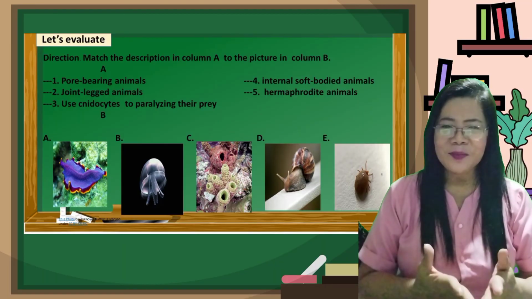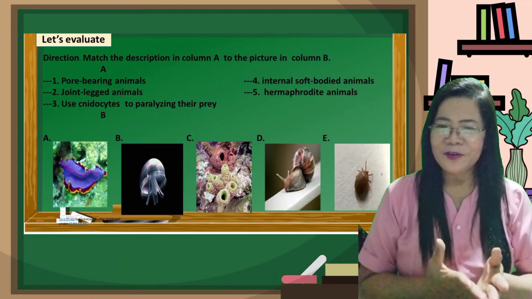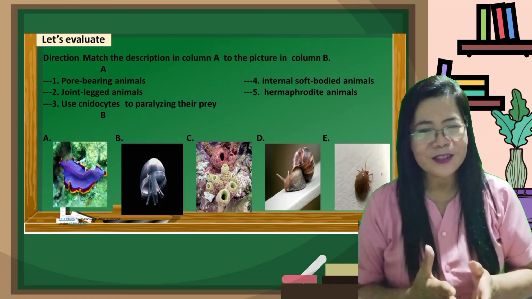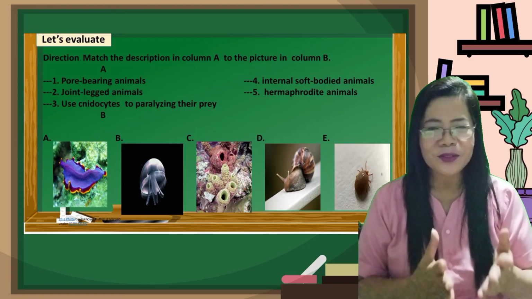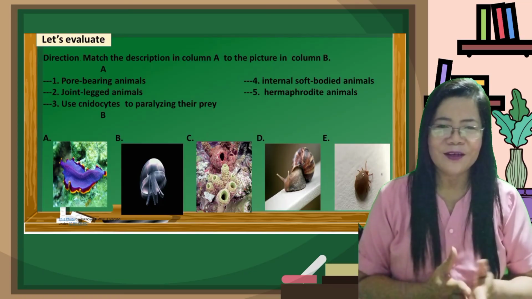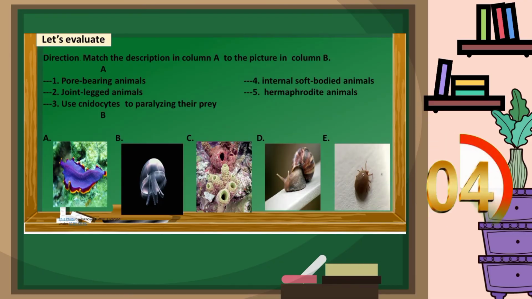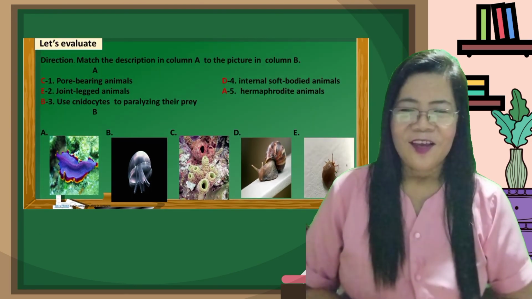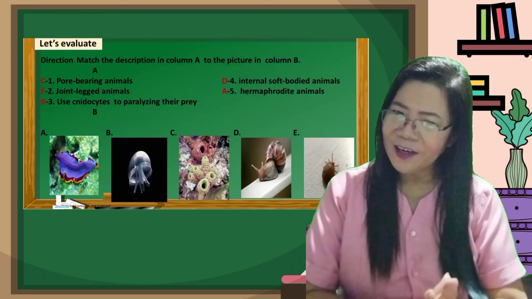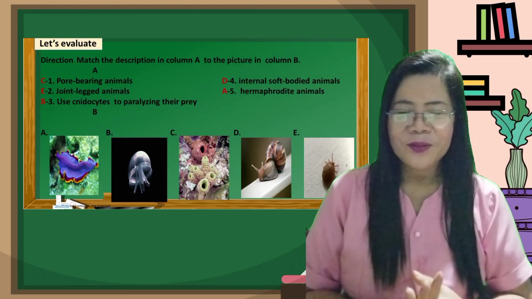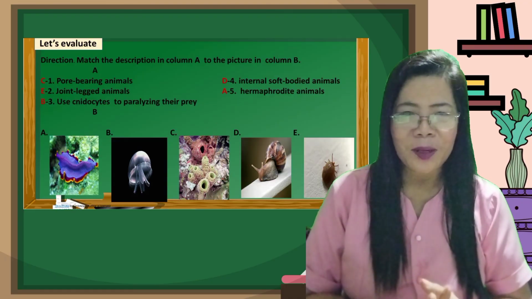Okay, so it's time to evaluate if you really understand our lesson. What you are going to do is match the description in column A to the picture in column B. You are given 5 seconds to answer. Go! Okay, so let us check your answer. Number 1, picture letter C, pore-bearing animals.